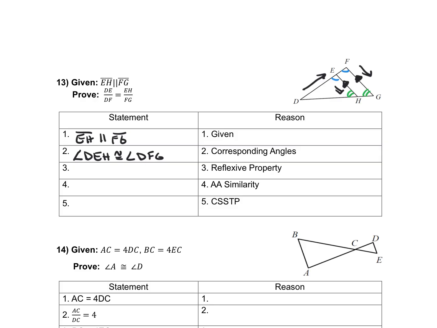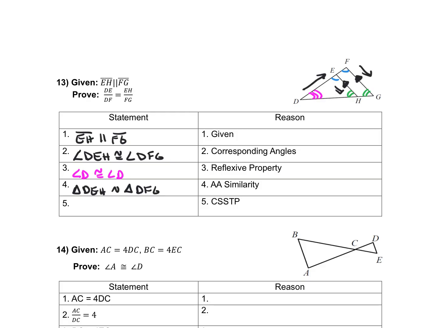Okay, then it says I got to use the reflexive property. So that means I have to use this angle up here. So I'm going to say angle D is congruent to angle D through the reflexive property. And now I have two angles, so I can say triangle DEH is similar to triangle DFG through triangle similarity.